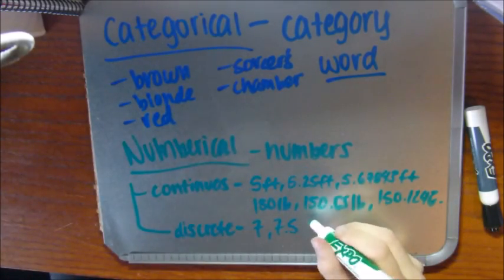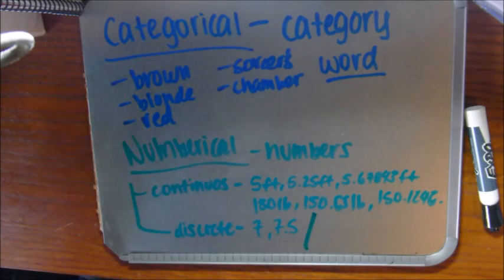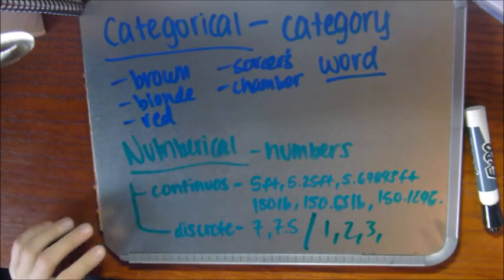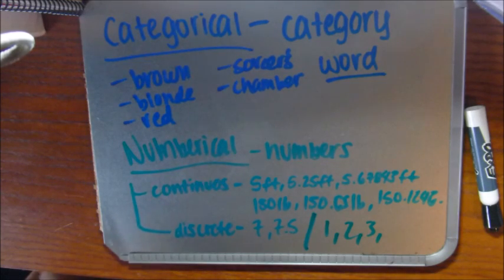Another example of discrete data would be how many children are in your family. You can have 1, 2, 3, but you're not going to have a family with 4.65 children. Doesn't matter if they're missing limbs, it's still a child. Those would be the two subcategories of numerical data.